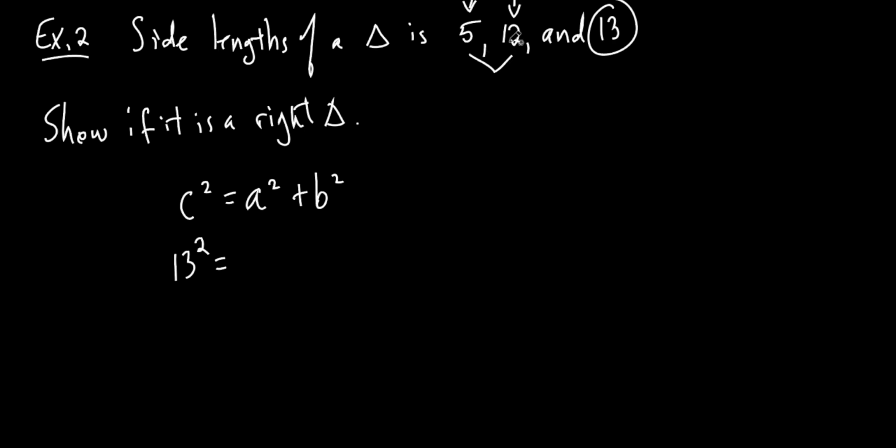It doesn't matter which one, okay? 5 or 12. So we'll call it the 5. You could call it the 12. It doesn't make any difference. But I got to square it. Plus, then I take the B, which is the other one, which is the 12, and I got to square that. Now, what am I trying to do? I'm trying to see if they're equal. If they are equal to each other, then this is a what kind of a triangle? It's a right triangle, okay? If they don't equal each other, it's not. So what I'm going to do, I'm going to put a little question mark on top of that equal sign.